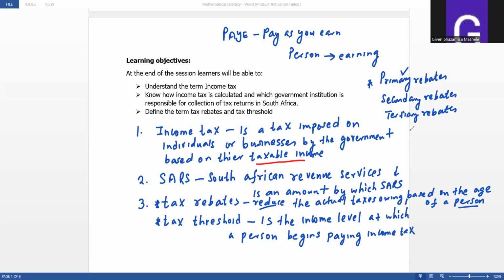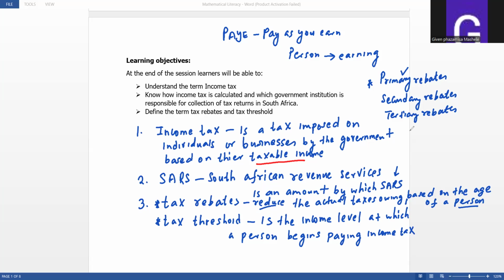And then let's deep dive into how we actually calculate the income tax. Right, income tax is actually based on what you call the tax bracket, which is set by the South African Revenue Services. And this tax bracket changes every year.